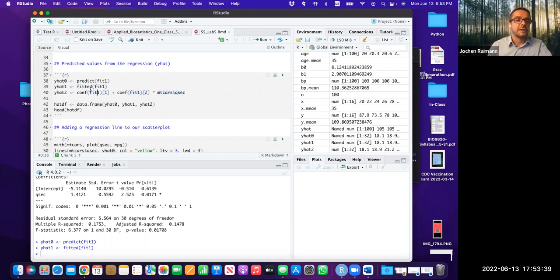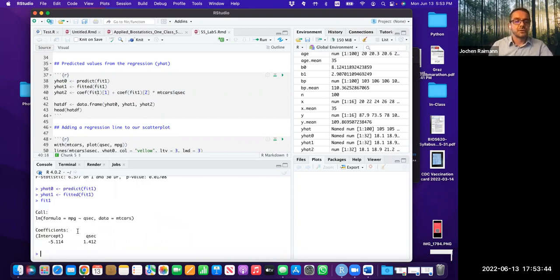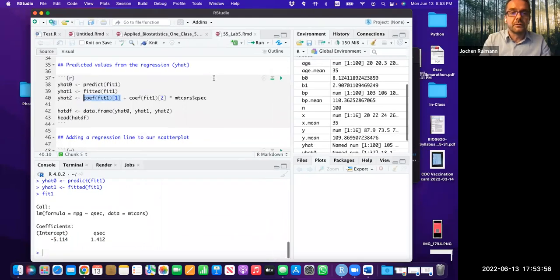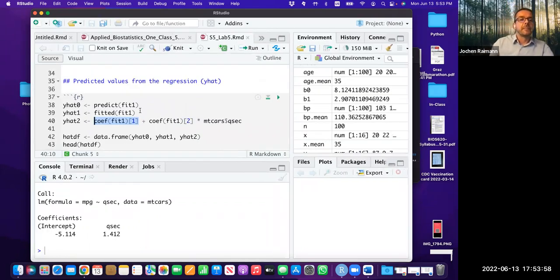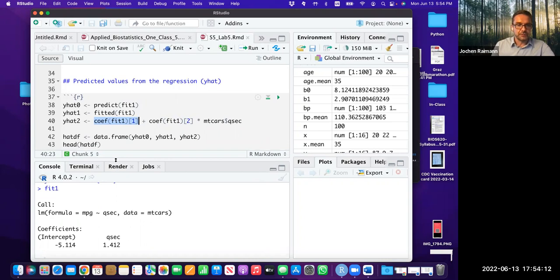So if you have here the linear model fit 1, it shows you an intercept of minus 5.14. This is essentially this part of that code. So you have y hat 2 here. Let me zoom in a bit, I recognize this may be a little small. Y hat 2 is the coefficient of fit 1 on the first spot. Again, with coef you get to this part of your output.